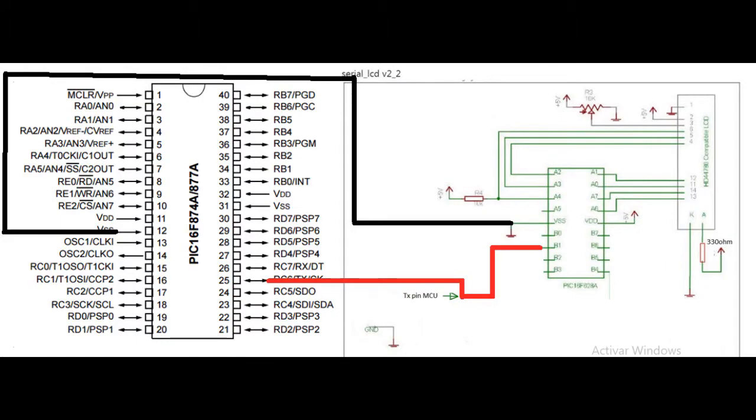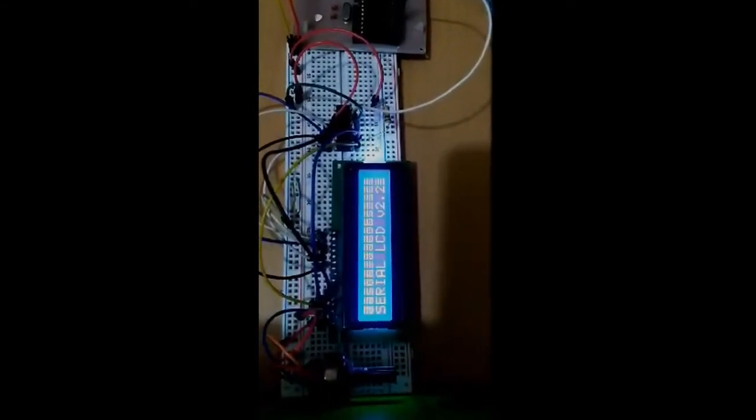The transmission pin of your microcontroller must be connected to the receptor pin of the 16F628. Also both microcontrollers' ground pins must be connected. Let's save the hex file to our microcontroller.